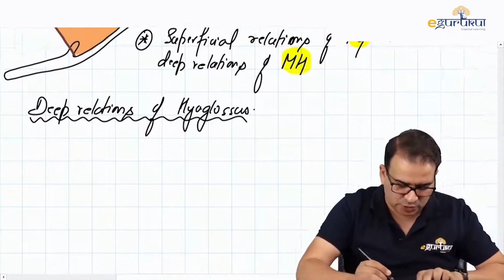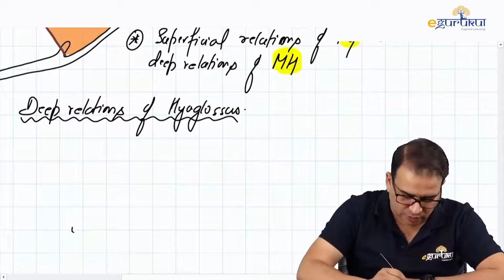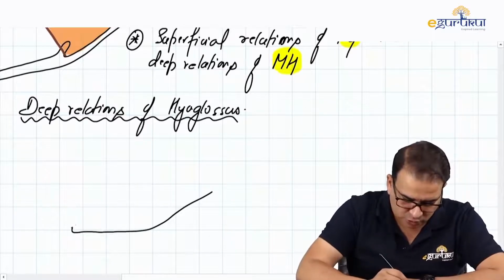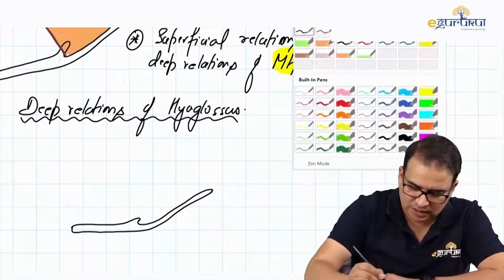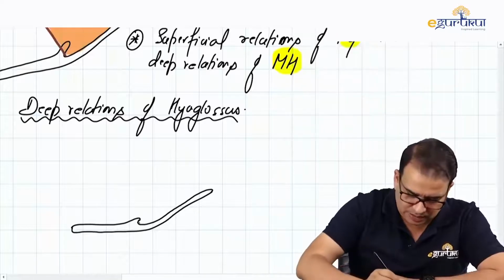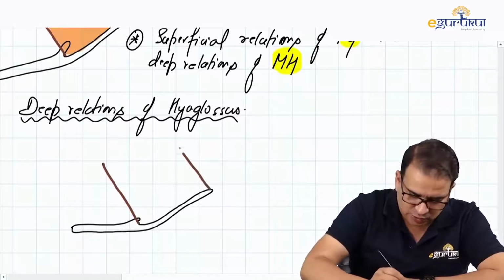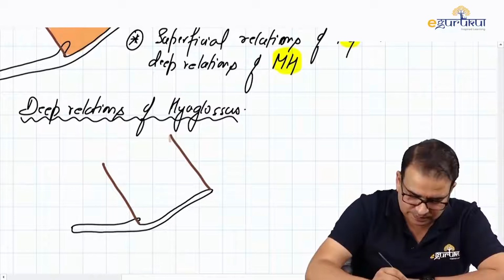For that, again, I request you to just draw the hyoid bone with its two cornua, the greater and the lesser. You don't have to draw this diagram as big because there are only 3 structures to be shown there. And let's say this is the hyoglossus muscle once again.